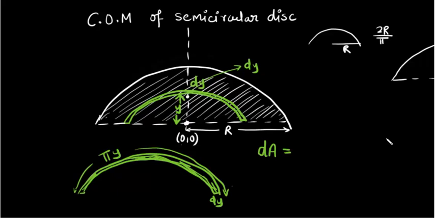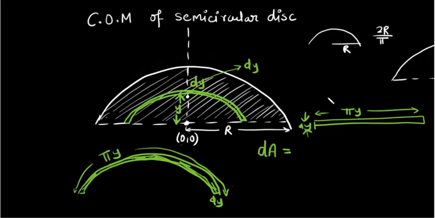If I stretch it in this manner, this length is pi y and this thickness is dy. So here the area dA will be pi y into dy, that is the length into breadth. This is the dA.